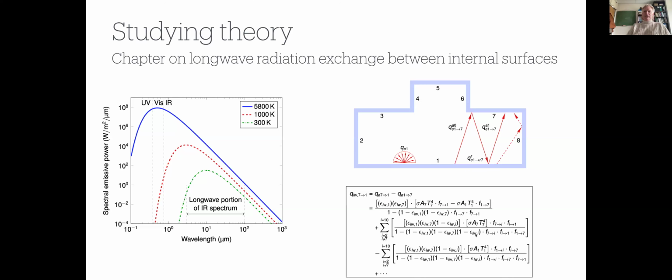But the main point of this is so that the user can see there are some important parameters in these equations that are provided by the user, things like geometrical view factor between surfaces and the emissivity of material properties. So the user can see the data that they provide to the simulation tool, how it's used in the calculations and what impact that might have on some of the predictions.